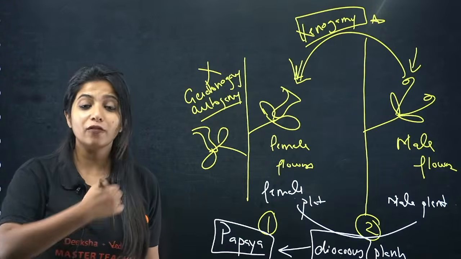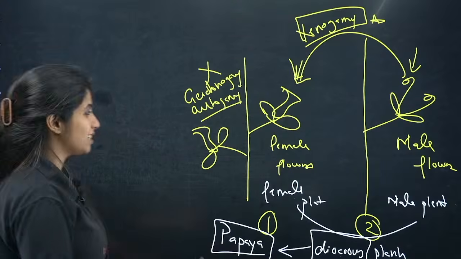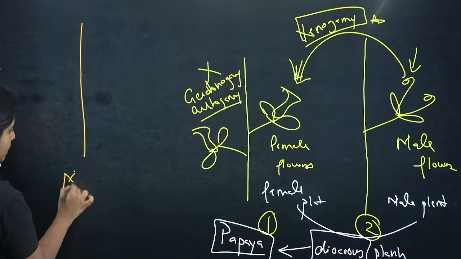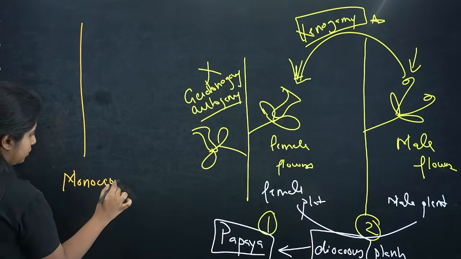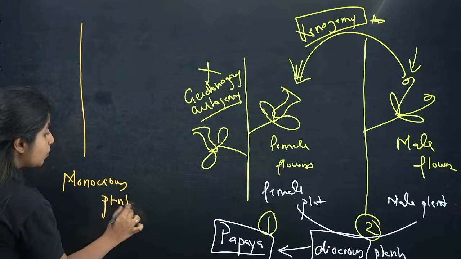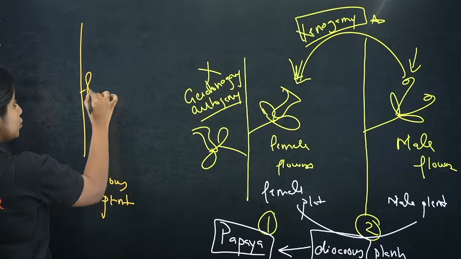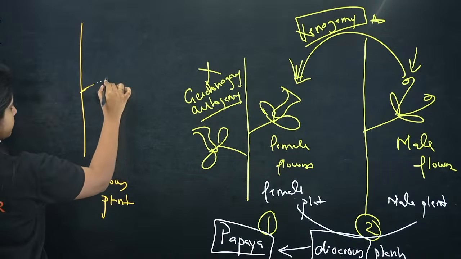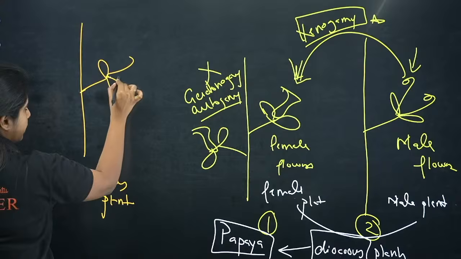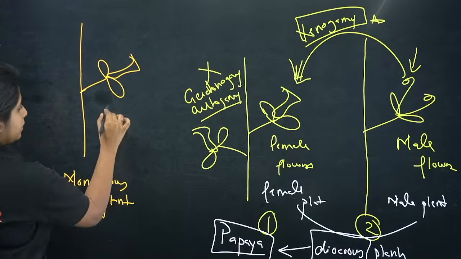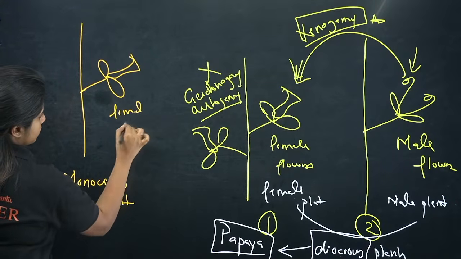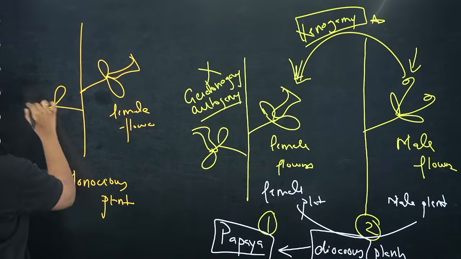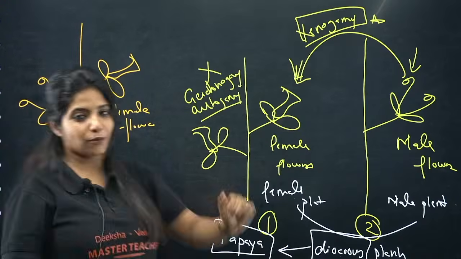Okay. Now we come to the next type of plant, which is known as monoecious plant. Now the thing about monoecious, you need to understand it, listen to me carefully, otherwise you're not going to understand anything. In monoecious plant, you have the female flower and you have the male flower.